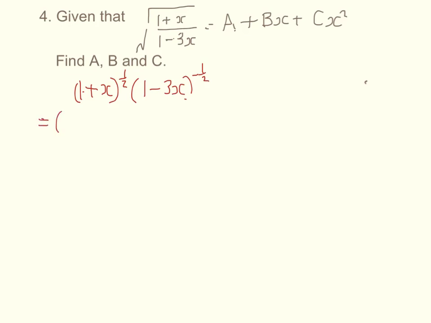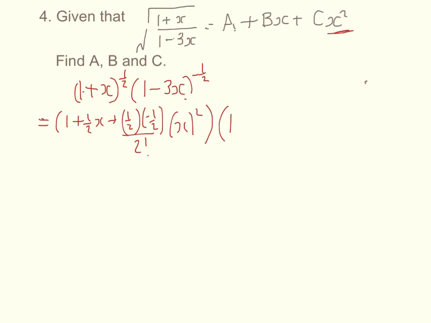Okay, so we have 1 plus a half x plus a half times minus a half over 2 factorial x squared. We can stop there because we only need to go as far as x squared, we can see from the question. So stopping there and then doing the second expression.